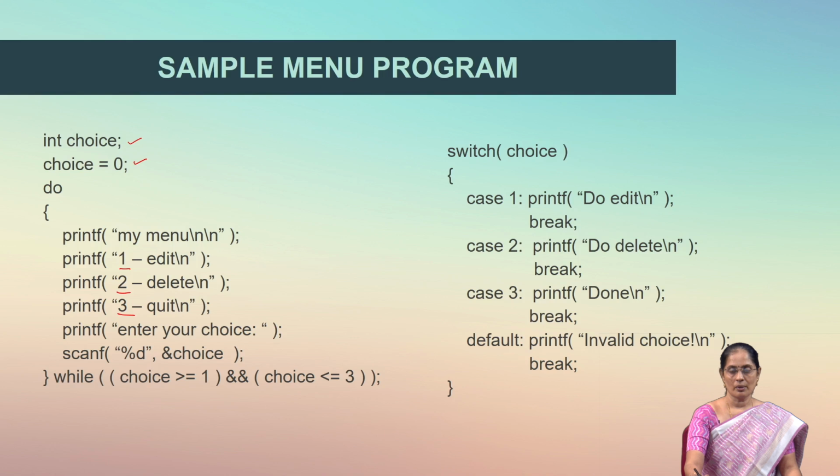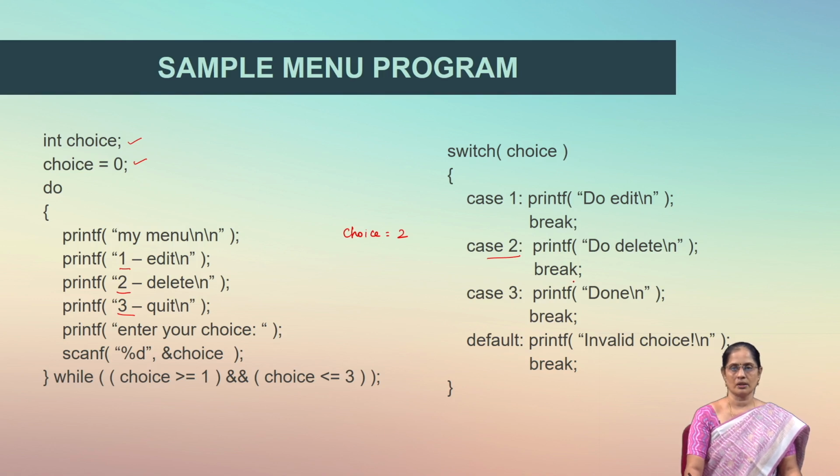Now coming to the switch statement, if I give the value of choice as 2 for the first execution, it goes to case 2. It displays do delete, which is the sub menu of value 2, and then it breaks.